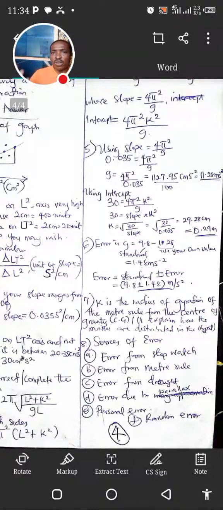Why do we take T1, T2, T3, T4, T5 and the rest of them in most experiments? The essence is to correct for random error, because each time you do T1, T2, T3, you get a different value, because the cause of that error is random. It cannot be predicted, like the environment and the rest of them.